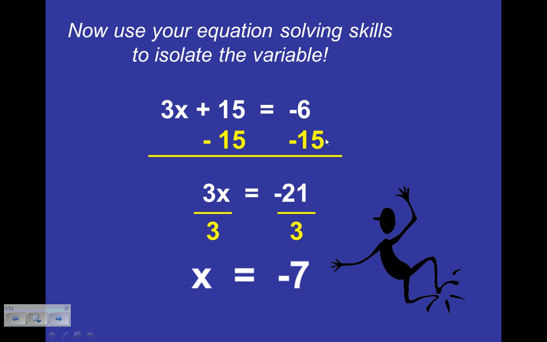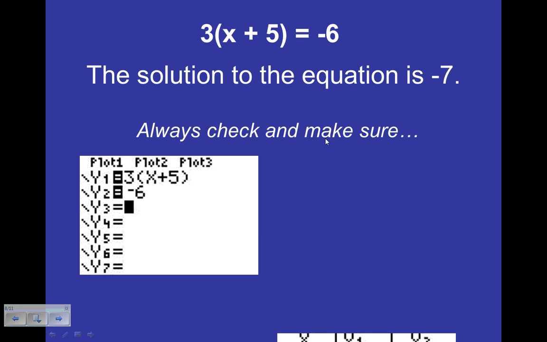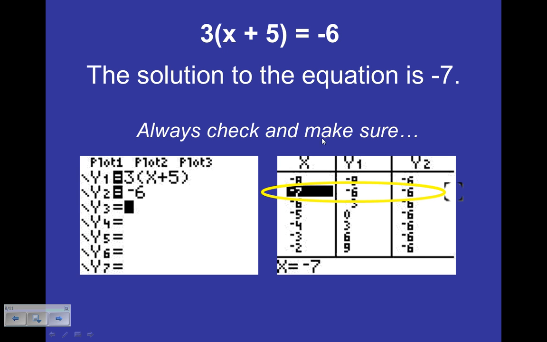Now to be able to check it, you're going to put the left-hand side into y1, the right-hand side into y2. You're going to press second graph, and then you're going to look in here. X is negative 7, y1 and y2 are the same, so that means that you are correct.